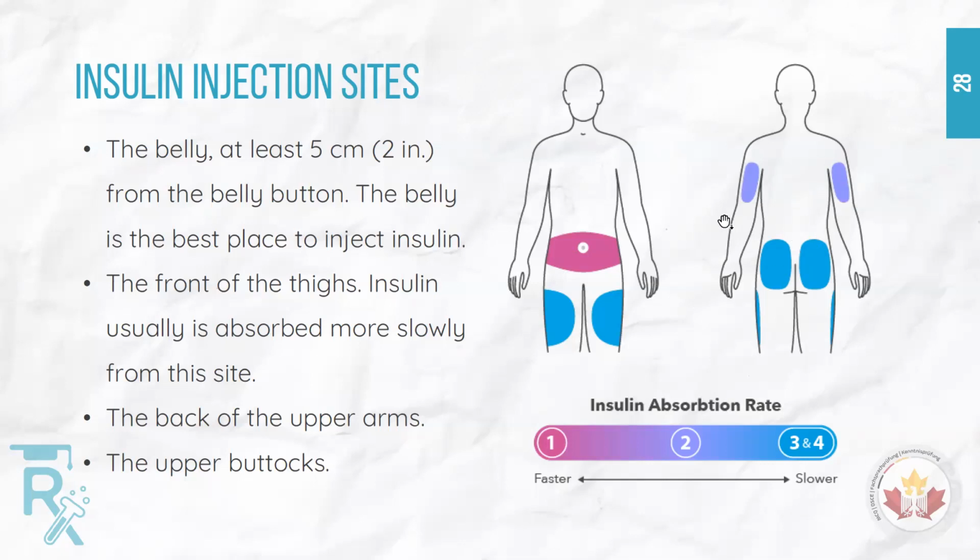But the problem with the back of the arm, for people who are slim, is that they might get it intramuscularly rather than subcutaneously. If they are so slim, the subcutaneous tissue in that area will be very limited. This is why it might be injected by mistake into the muscle. This is why abdomen is highly preferred.